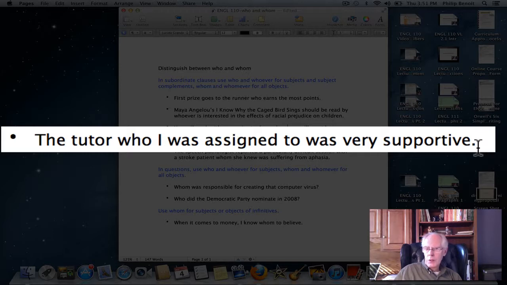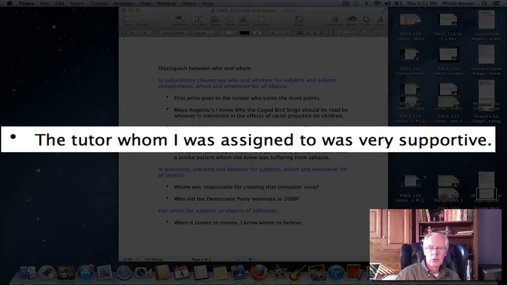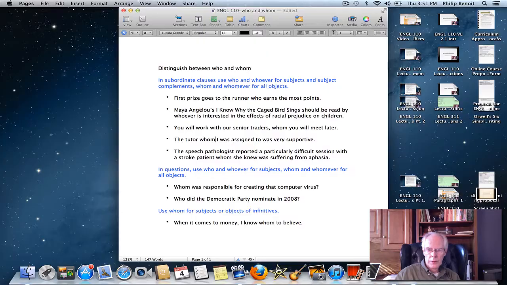So we could test that by saying the tutor to whom I was assigned, and again we see that we have who as the object of the preposition, so it has to be whom. The tutor whom I was assigned to was very supportive. So you see what's happening here. We're just finding out what the function of the word who, the form of who, is in the sentence we're looking at, or the clause we're looking at.